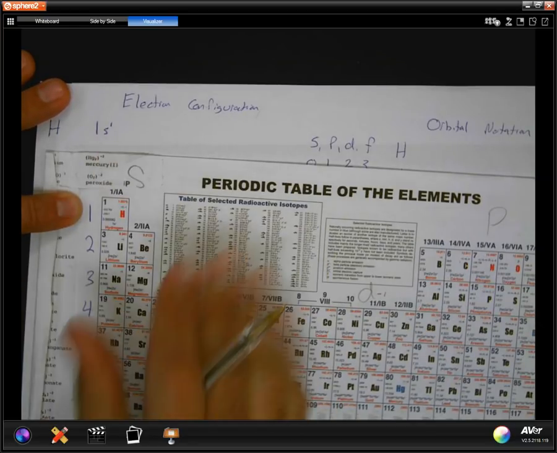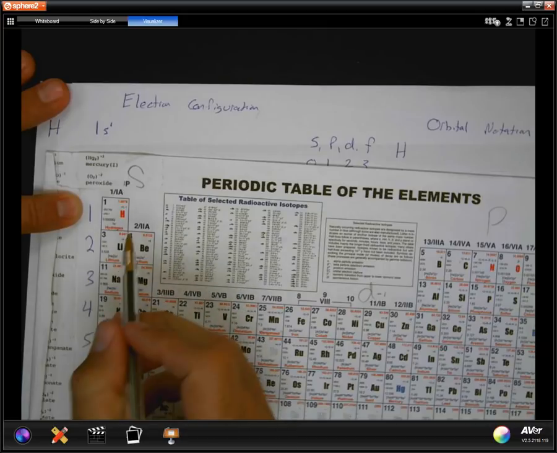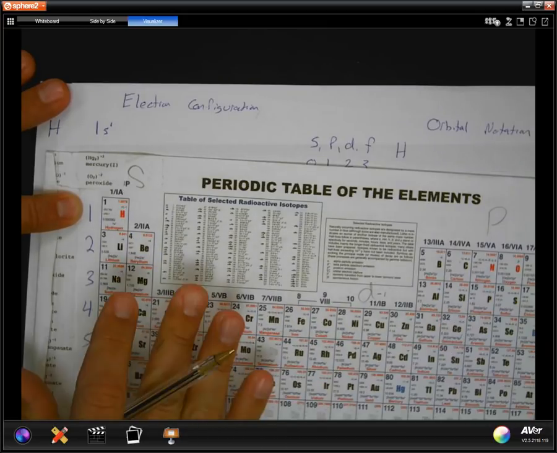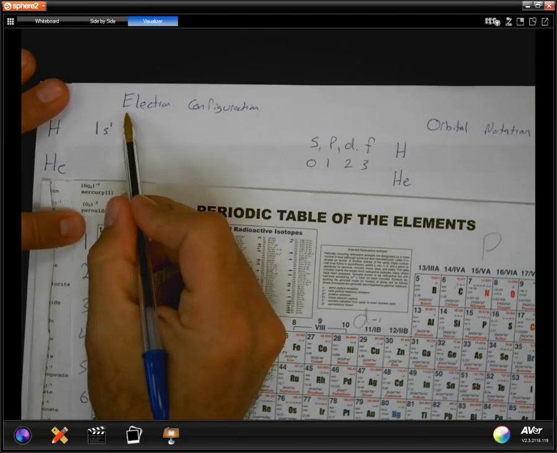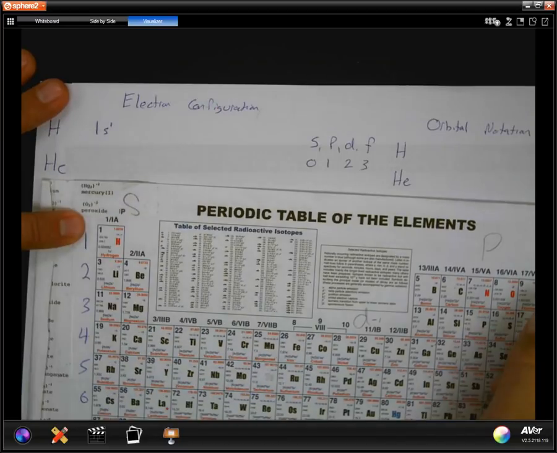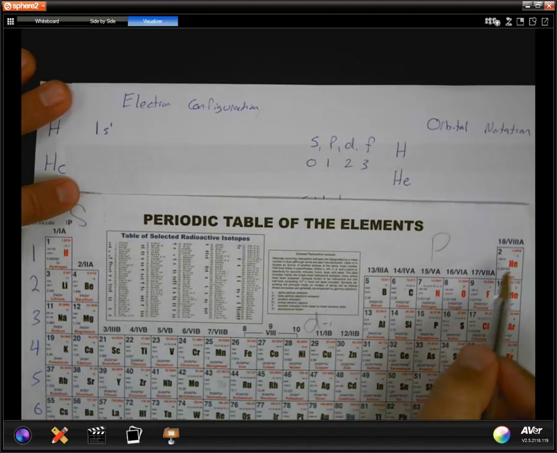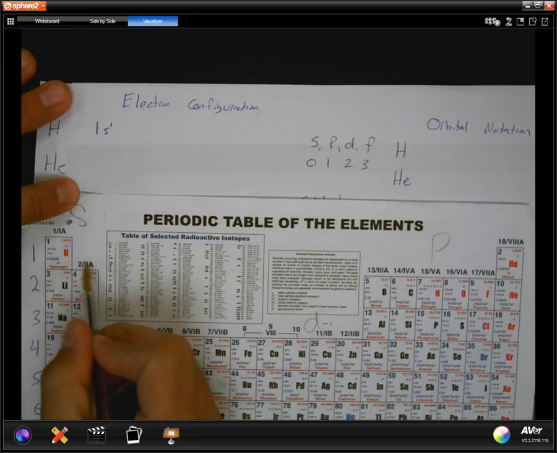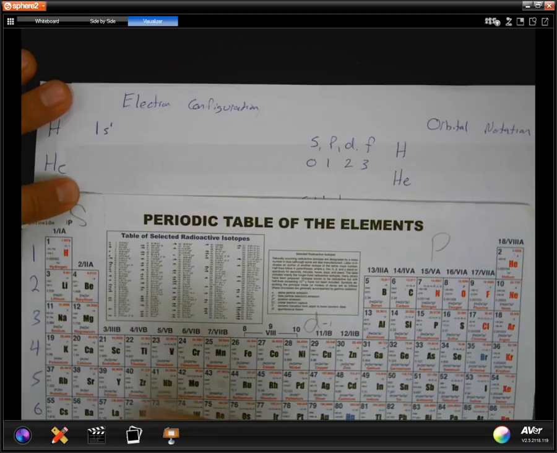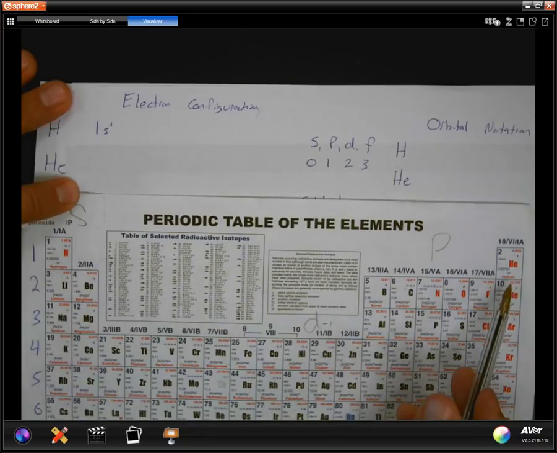So all I'm trying to teach you to do now is come up with these electron configurations by following the periodic table. So let's do the electron configuration for helium. Helium over here has 2 electrons. We're going to pretend that helium exists in this box right here. And so if I want to fill out the electron configuration for helium, I start at the beginning.